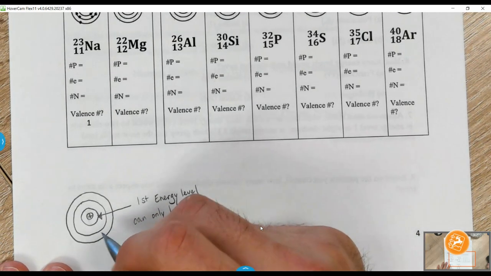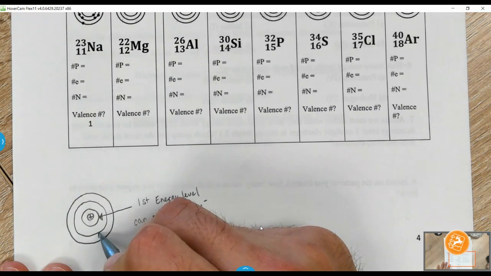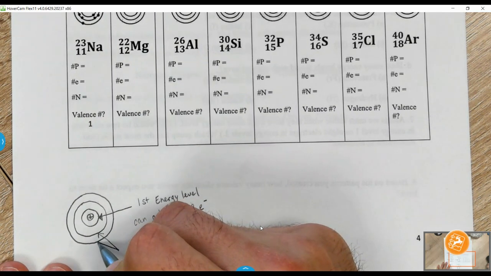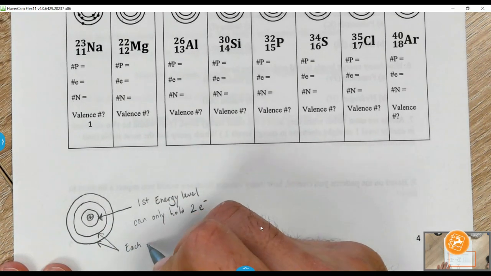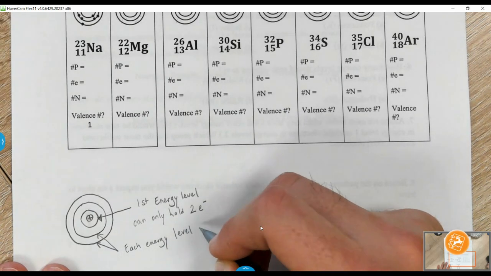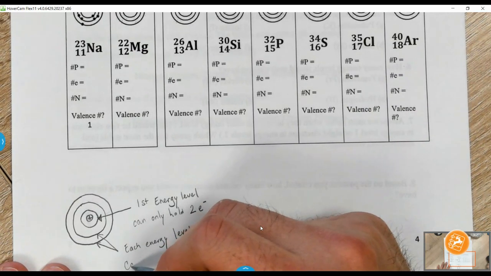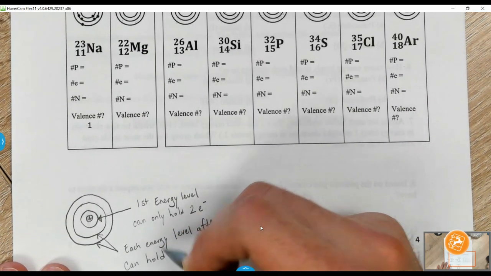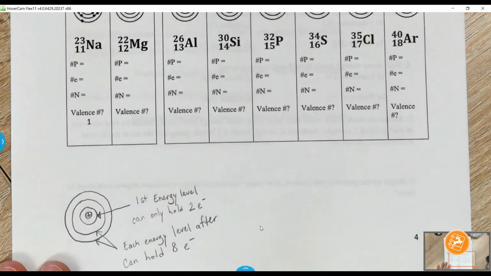Each energy level after that can hold 8 electrons.